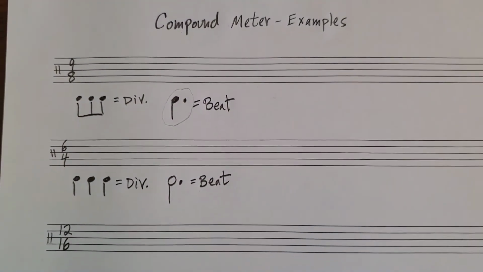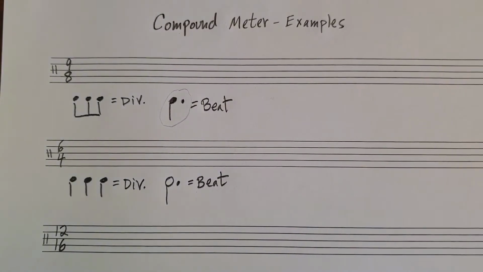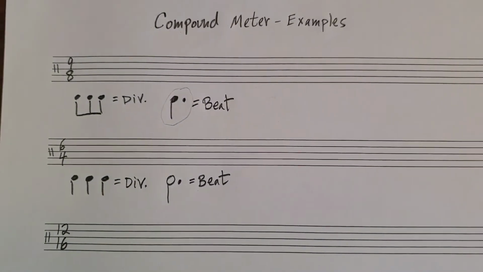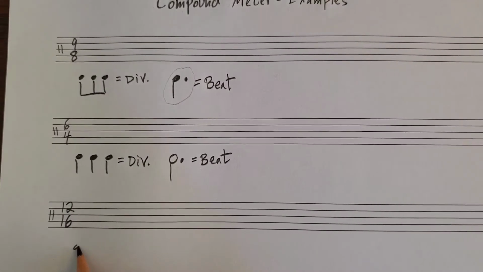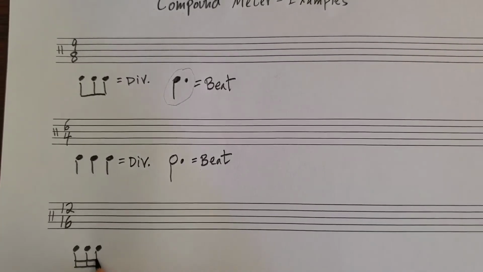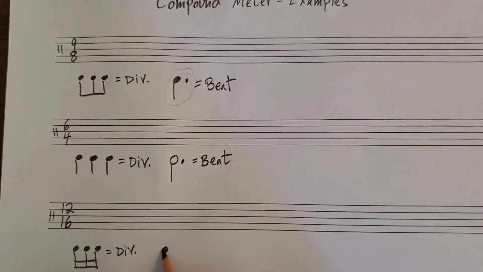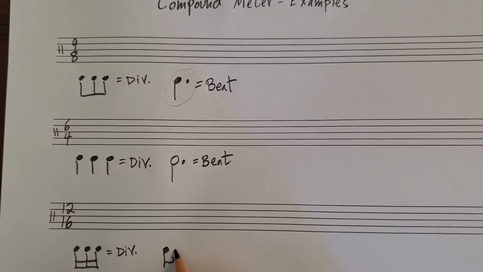Okay, and then lastly here, the 12/16 example, the 16 in the bottom represents 16th note, and you would say 3/16. That's the division of the beat. Therefore, the beat, dotted eighth note.